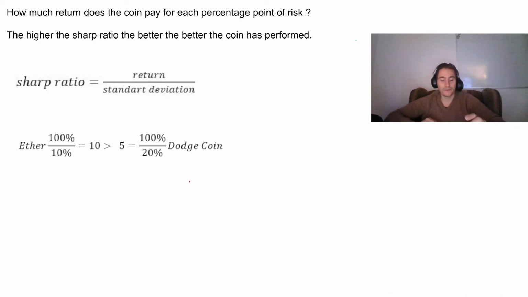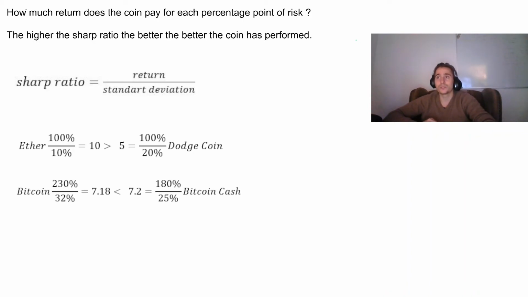But what if it's a bit more difficult, because the numbers are a bit closer to each other? If we have Bitcoin and Bitcoin Cash, Bitcoin pays 230% in the last year, Bitcoin Cash 180. Correspondingly, at the denominator we see the standard deviations 32% and 25. We see here it was pretty close.